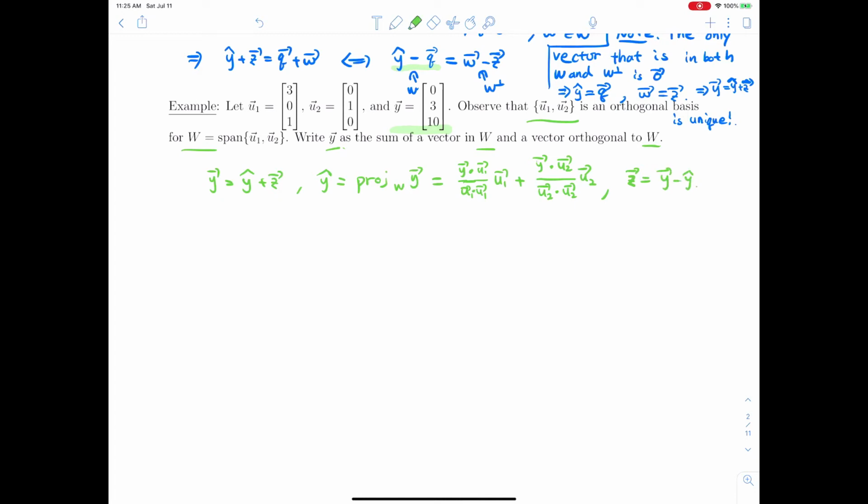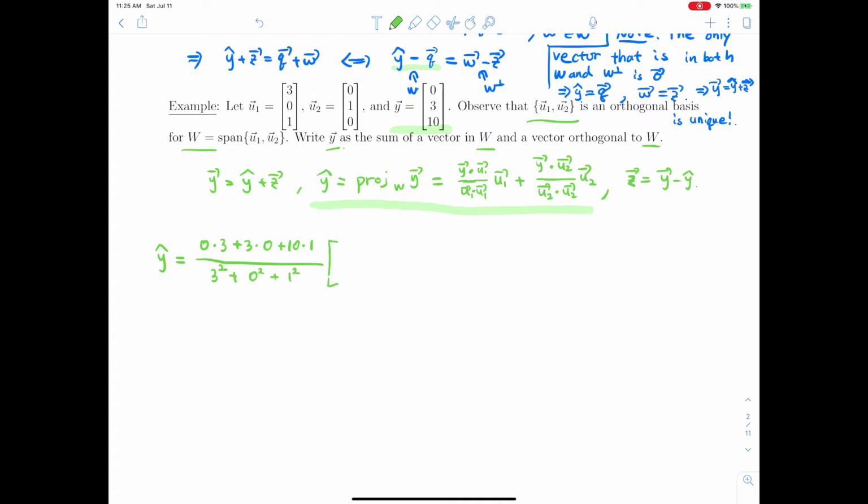So first of all, let us calculate the projection of y onto W. So y hat equals, if you take the dot product of y and u1, that gives you 0 times 3 plus 3 times 0 plus 10 times 1 over u1 dot u1, which equals 3 squared plus 0 squared plus 1 squared.